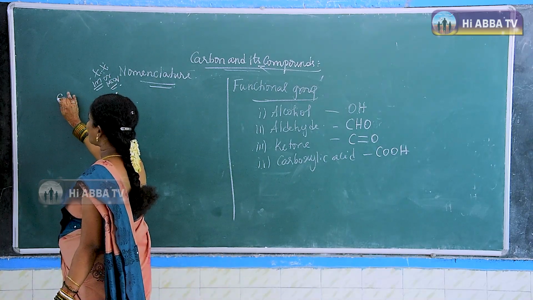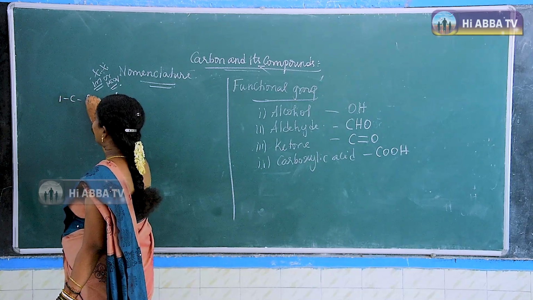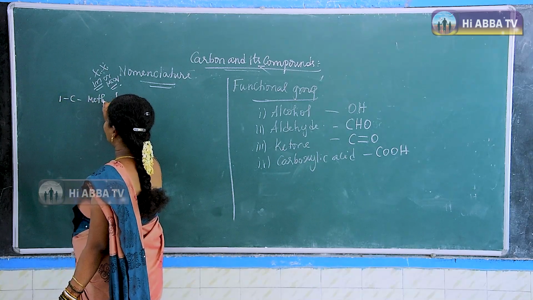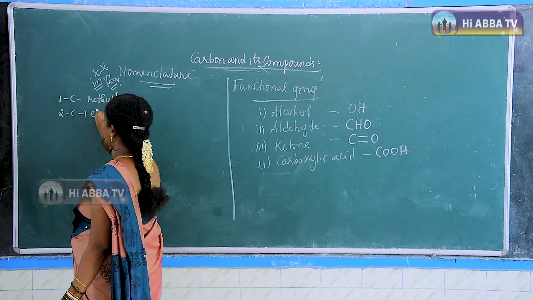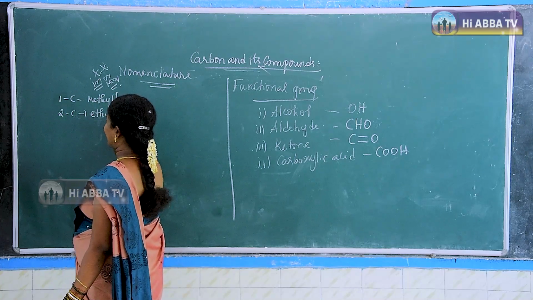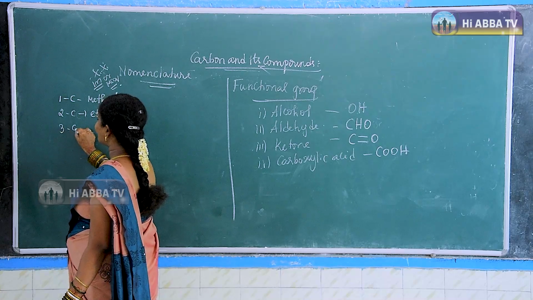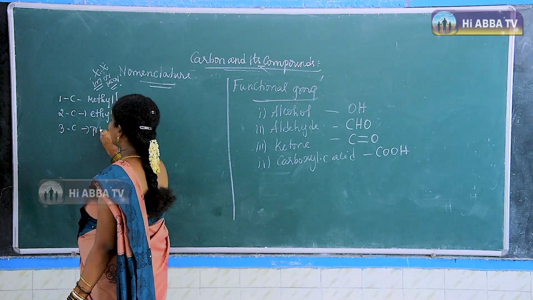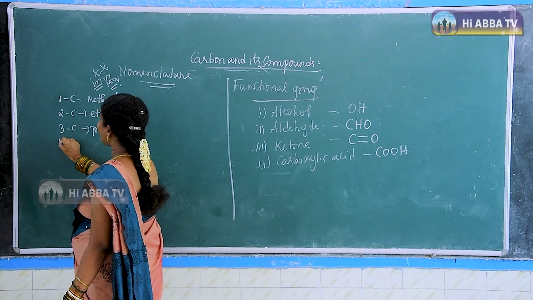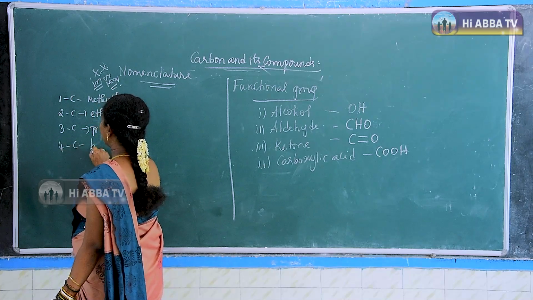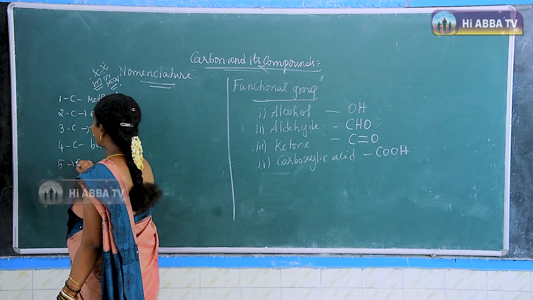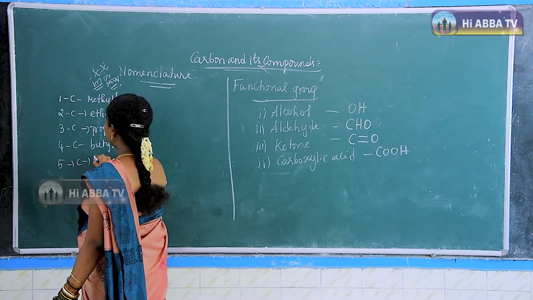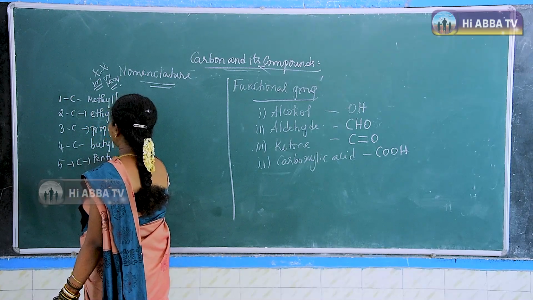If it consists of 1 carbon, then it is termed as methyl. 2 carbon, ethyl. 3 carbon, propyl. 4 carbon, butyl. 5 carbon, pentyl.